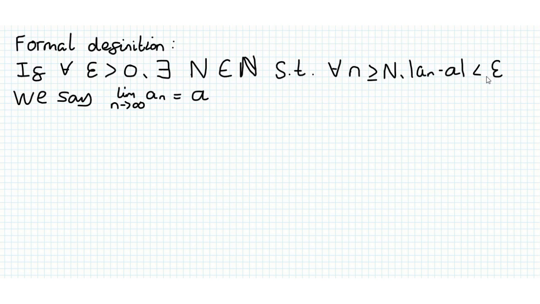And because epsilon's just any number bigger than 0, this means we can get infinitesimally close to our limit, and this backs up our ideas of what we mean by limits, right?